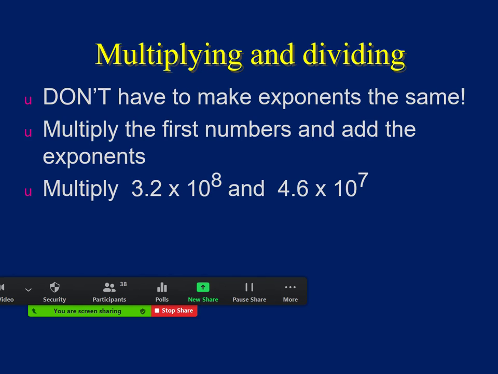So if I asked you to do that, just the way they gave it to me. So 3.2 times 4.6 equals, and my calculator says 14.72. And then add the exponents. 7 plus 8 is 15.